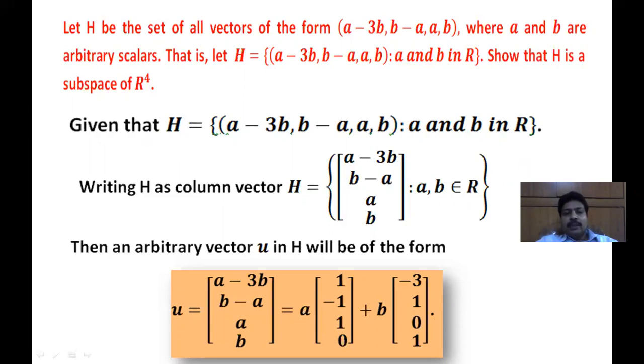If this set is written as a column vector, H is equal to the set of column matrices with a minus 3b in the first row, b minus a in the second row, a in the third row, and b in the fourth row, such that a and b belong to R. So this is the column representation of the given vector.